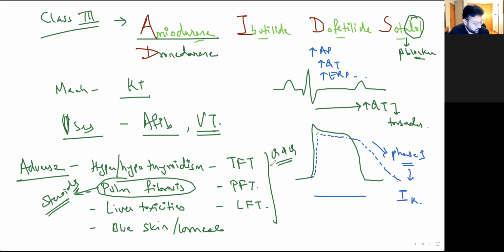One thing about class 3 is all the drugs can increase the risk of torsades, except which one? Amiodarone. Amiodarone is a king, right? So all the drugs can increase the risk of QT prolongation induced torsades, except amiodarone. So it's a very good drug with a lot of side effects.